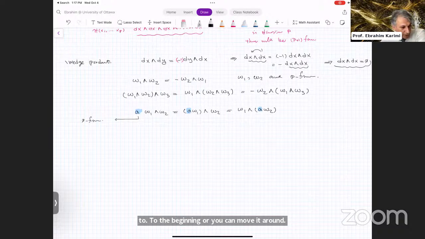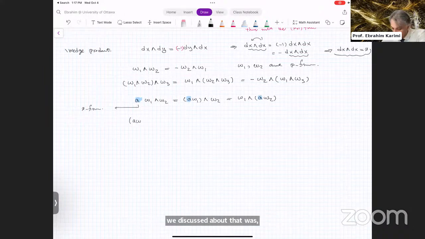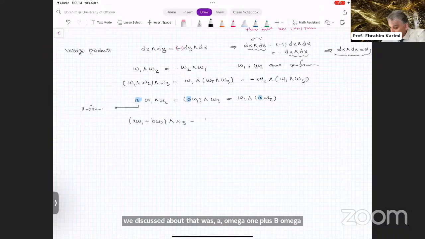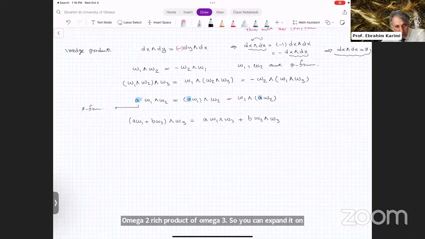And the other property that we discussed was a omega-1 plus b omega-2 wedge product of omega-3. Easily we say that will be a omega-1 wedge product of omega-3 plus b omega-2 wedge product of omega-3. So you can expand it on the right side, and the same situation also happens on the left side.